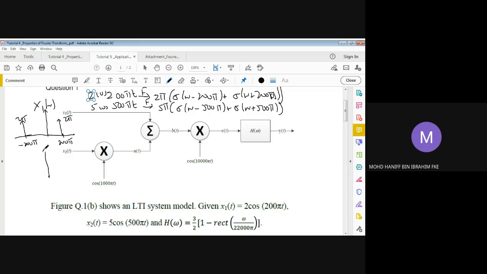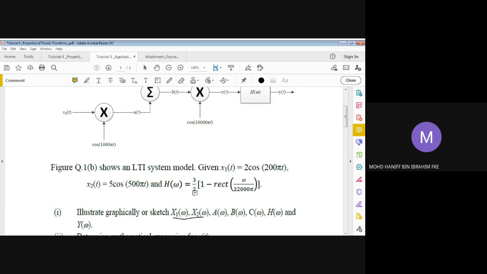And for X2(ω), based on this equation, you're going to have two impulses also, located at negative 500π and positive 500π. The amplitude for both is 5π. So that should be your spectrum for both X1(ω) and X2(ω). Hopefully it's clear on this, yeah? All right then.